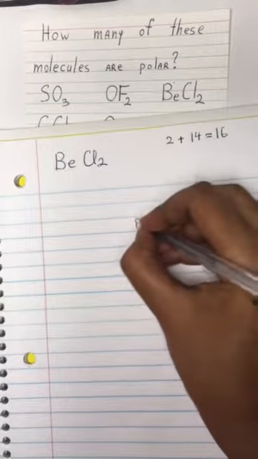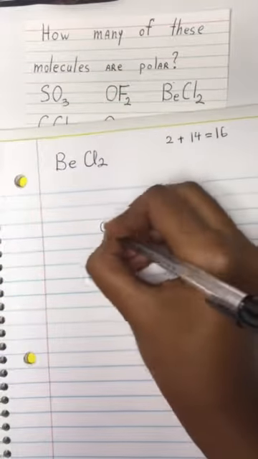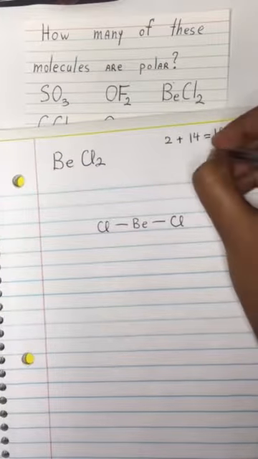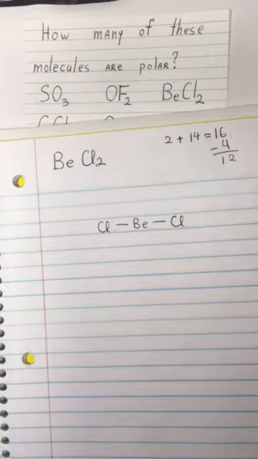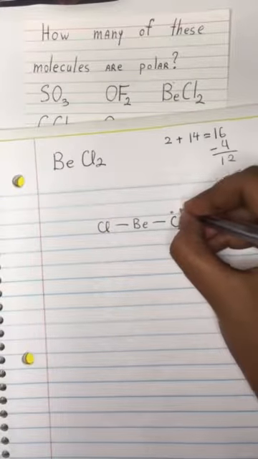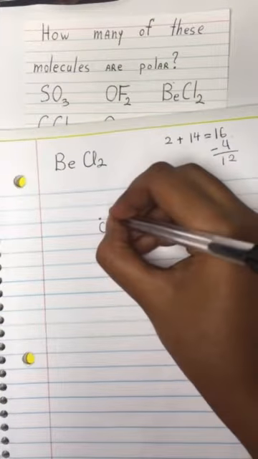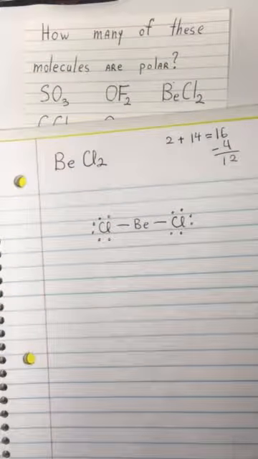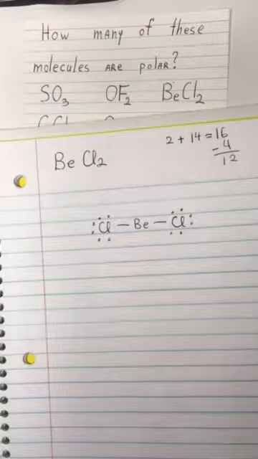The beryllium atom will be the central atom in this Lewis structure, and it will create one bond with each of the chlorine atoms. So 16 minus 4 will give us 12. And now we place the leftover electrons on the outside atoms, fulfilling the octet rule. 1, 2, 3, 4, 5, 6, 7, 8, 9, 10, 11, 12. This is the Lewis structure for beryllium dichloride, or BeCl2.